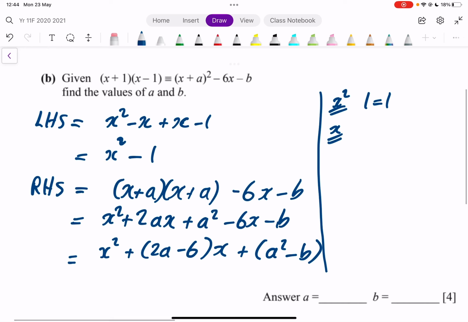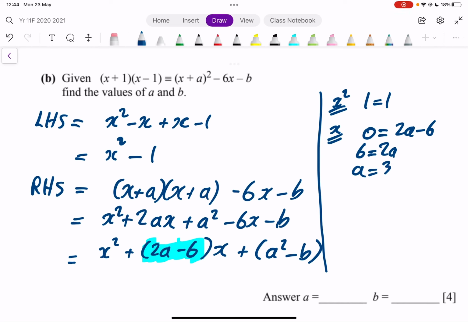On my left-hand side, I've got no x terms, so 0. On my right-hand side, my x terms are in blue here. I've got 2a - 6. So 0 equals 2a - 6, which means 6 is equal to 2a, which means a is equal to 6 divided by 2, a is equal to 3. Happy days, we found something.